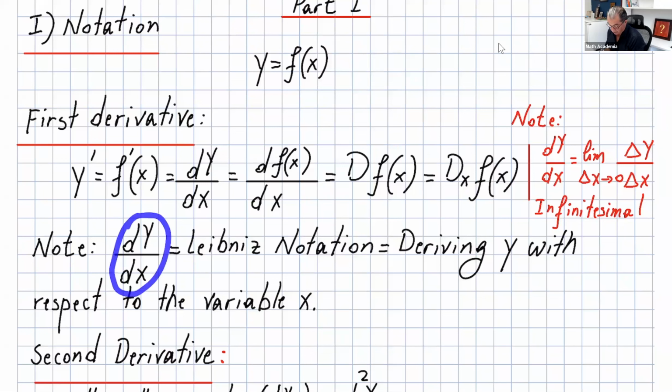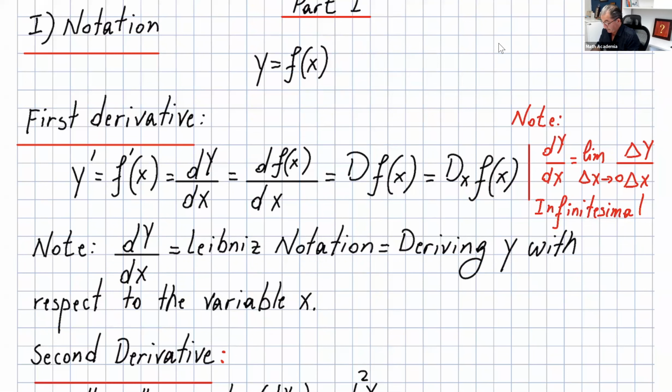I have a couple of notes here. This notation was created by Leibniz, a 17th century mathematician and philosopher. What does that mean? It is deriving y with respect to the variable x.